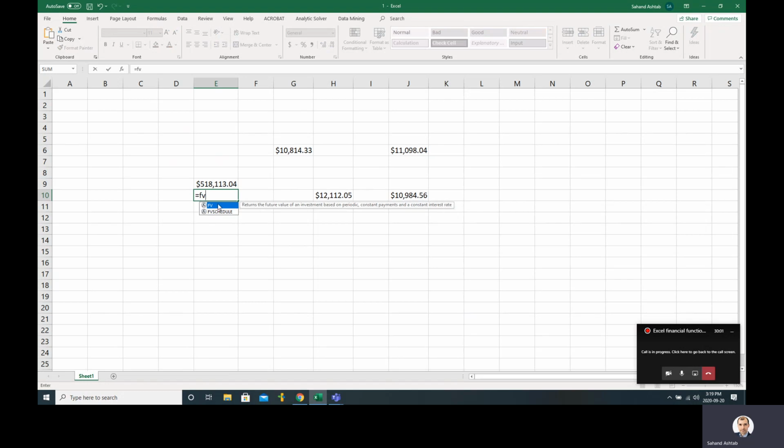So that would be equal FV, 8% for 40 years, and a $2,000 payment. PV is 0, and type is 0. So we can just close parentheses, press enter. We basically get the same value. So that would be for the FV function.